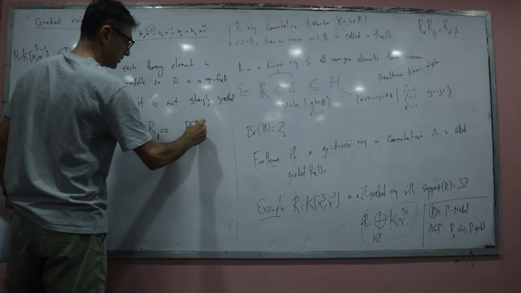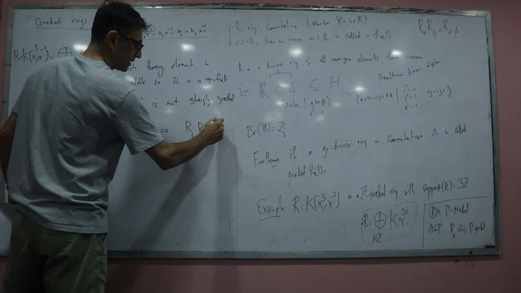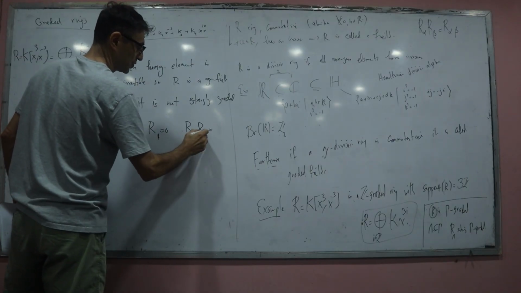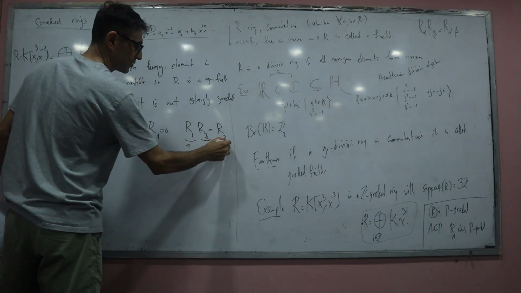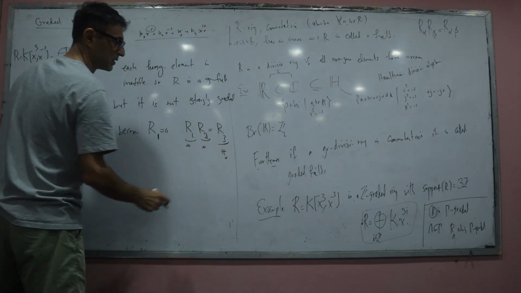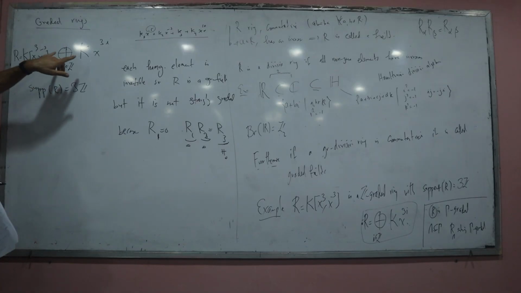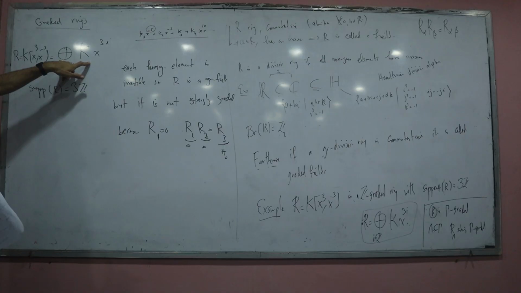So R1 times R3 would not go, R2 would not give me R3 because this is 0, this is 0, this is not 0. So this is not strongly graded, but it's a graded field.